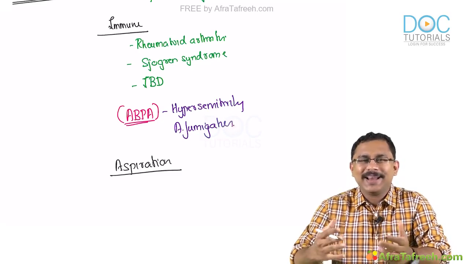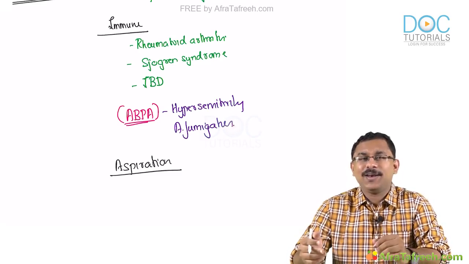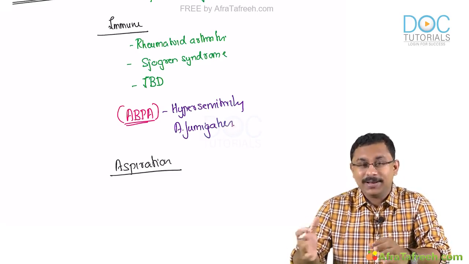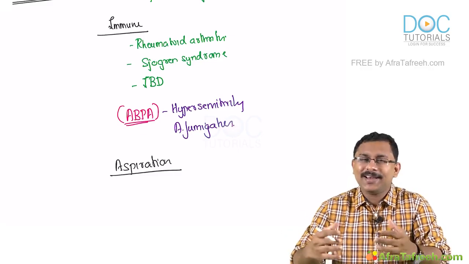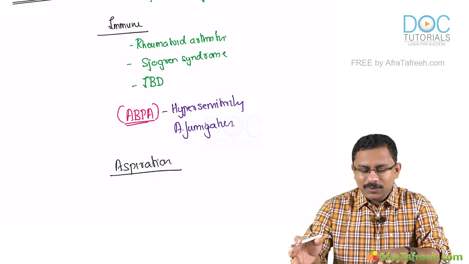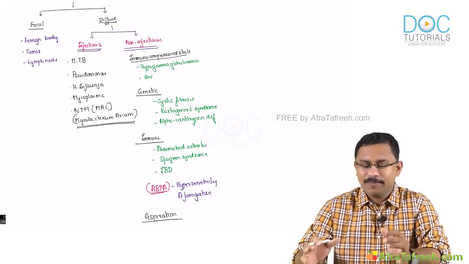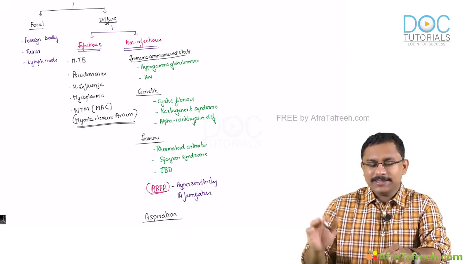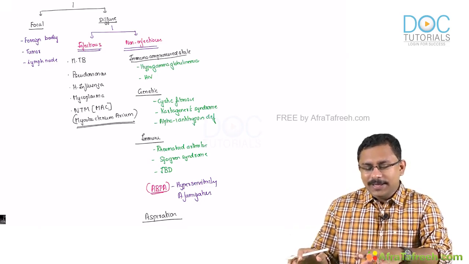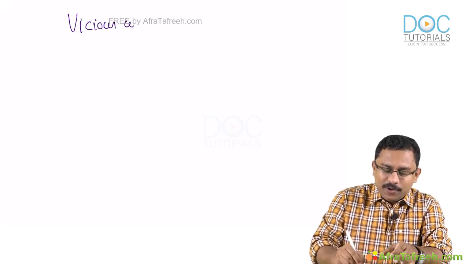When such repeated aspirations happen, that can trigger the development of bronchiectasis in that individual, because it might indirectly trigger colonization by organisms. So these are some of the important etiologies of bronchiectasis. Now let me tell you one thing. There is a theory that is known as the vicious cycle of bronchiectasis.